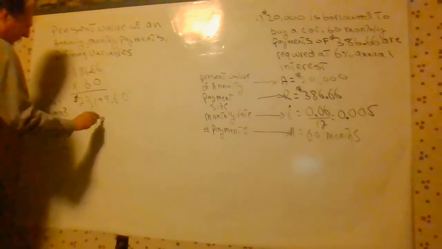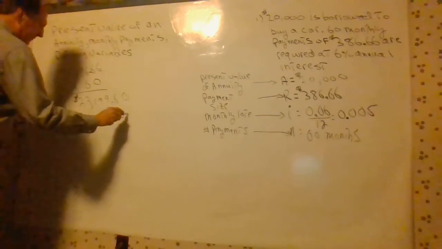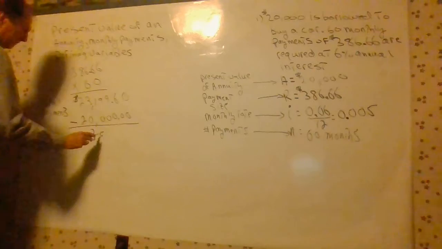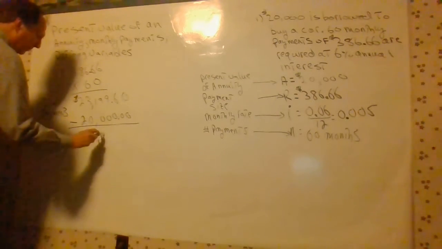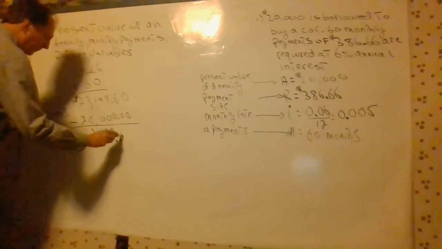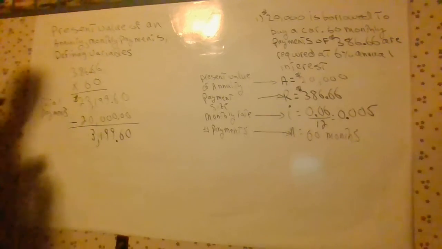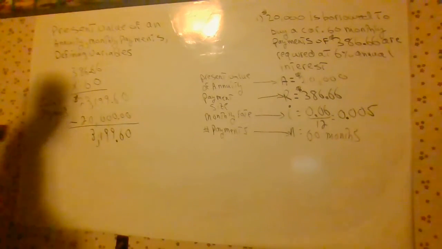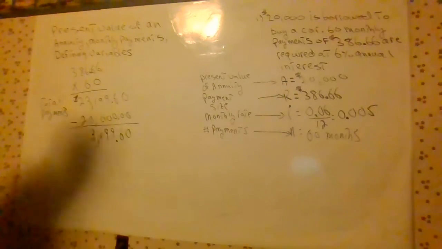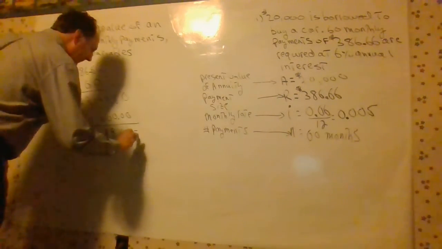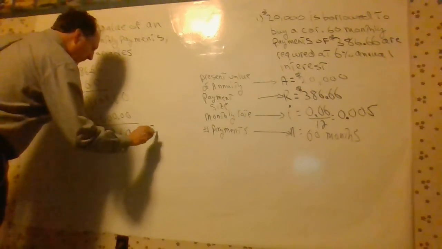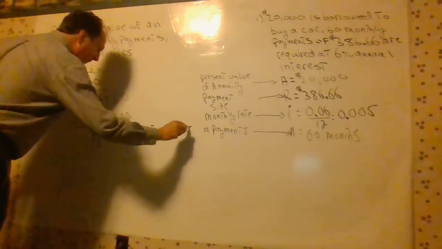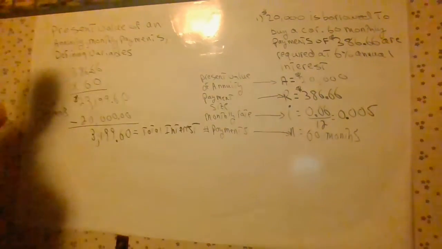If you subtract out 20,000, that's how much you borrowed. Then we pay $3,199.60 more than we borrowed. This is equal to the total interest.